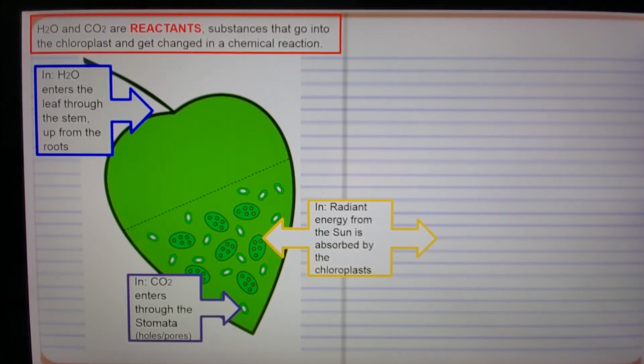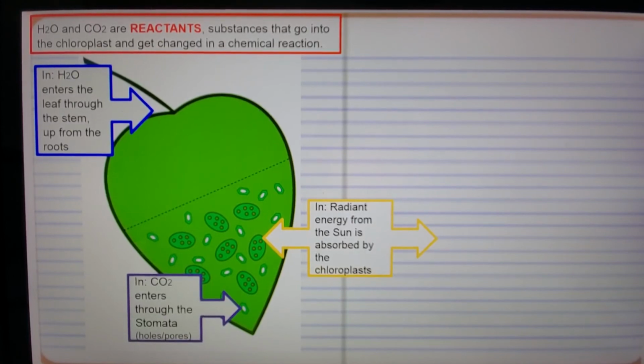Okay, so a new word that I want to put out there for you is the word reactants. It says in our notes, H2O and CO2 are reactants. Reactants are substances that go into the chloroplast and get changed because of a chemical reaction.